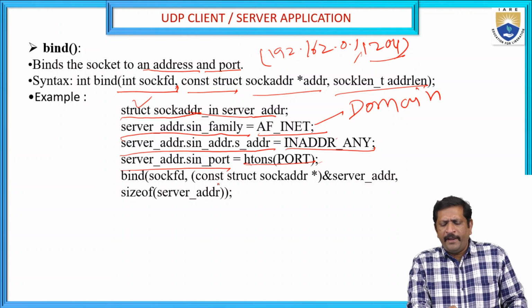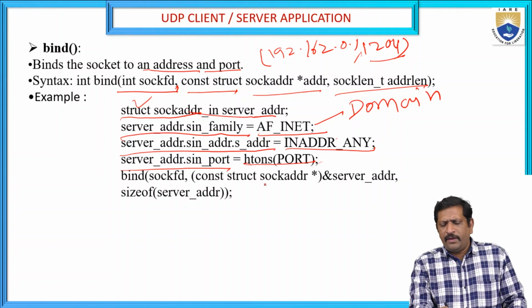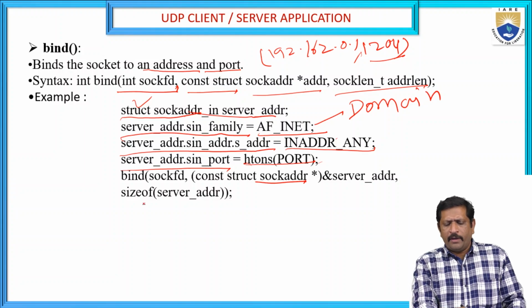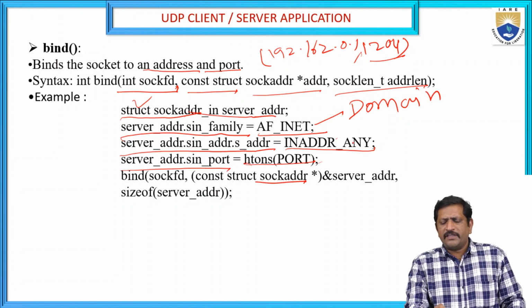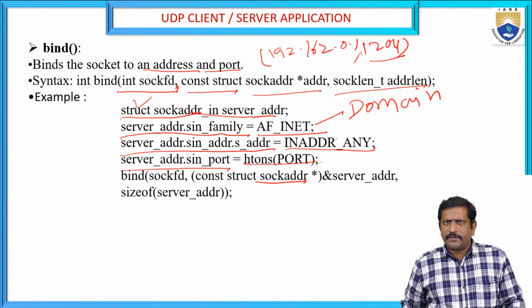And binding is the binding of the address of the host, the socket address, and the port number, both. By binding the address and the port number, a particular client can be identified, and with the help of this binding only, messages can be effectively transferred.